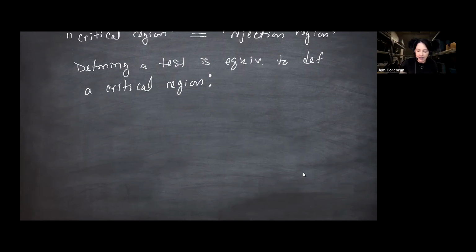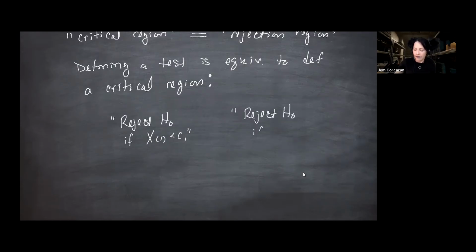If our test says reject the null hypothesis if the minimum in the sample is below some C1, and you do an equivalent size alpha test based on the sample mean, then you're going to say I reject the null hypothesis if X bar is less than some C2. So these are two tests for the same problem, the same random sample, the same hypotheses.